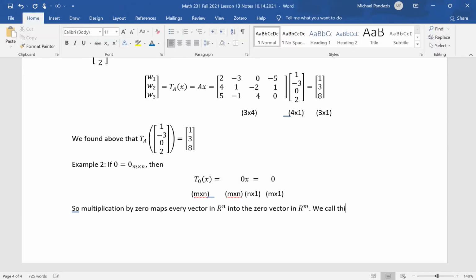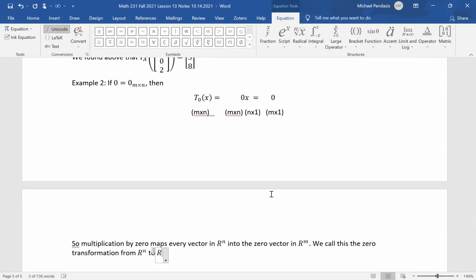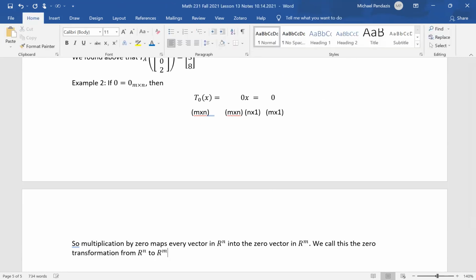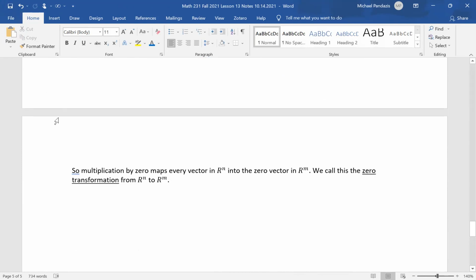So we call this the zero transformation from Rn to Rm. Okay, so this is the zero transformation from Rn to Rm. And again, multiplication means left multiplication.